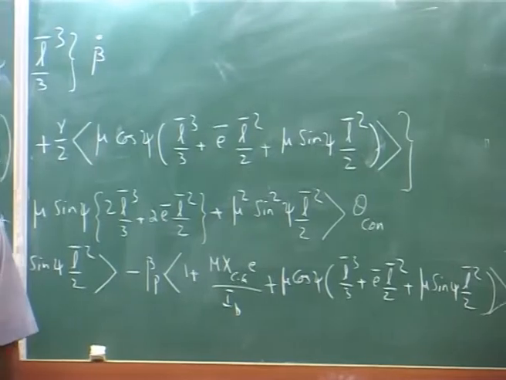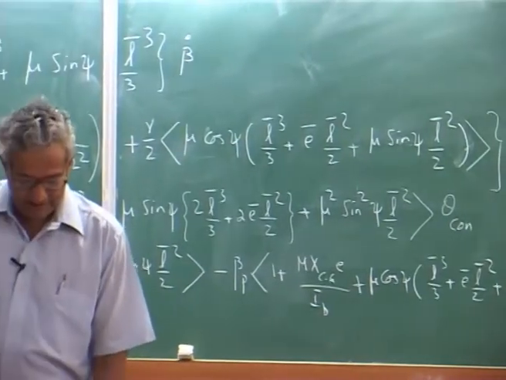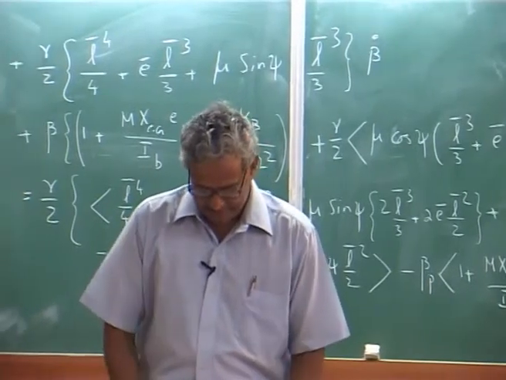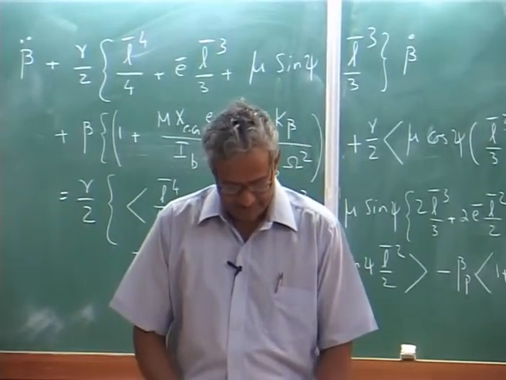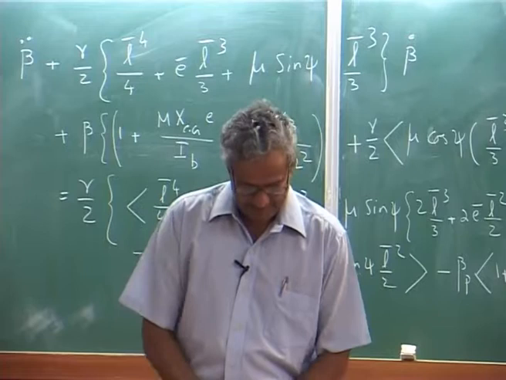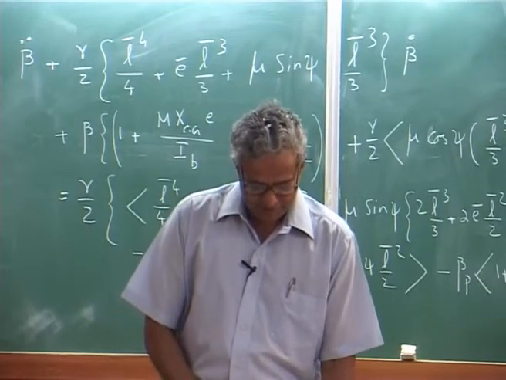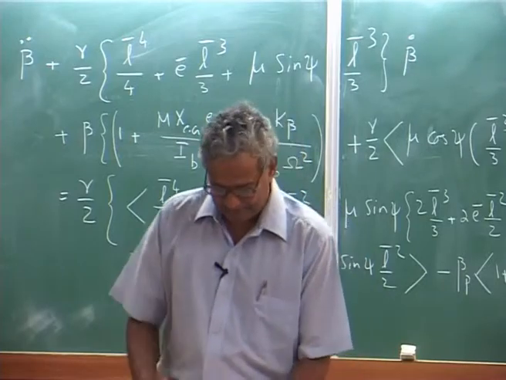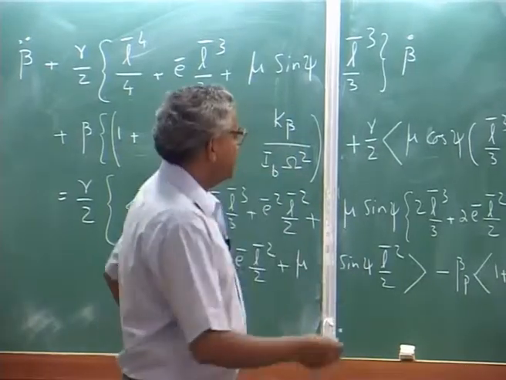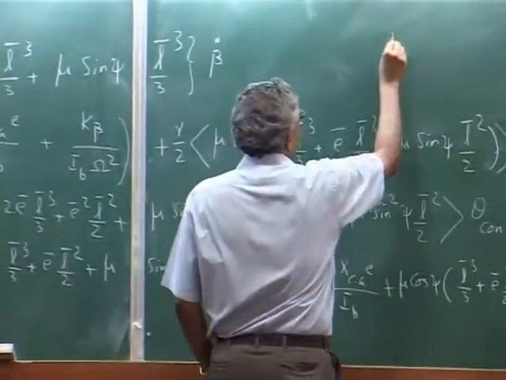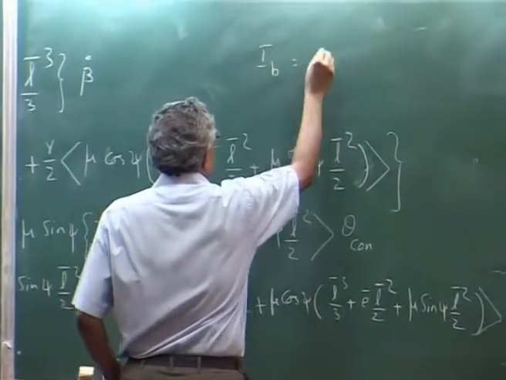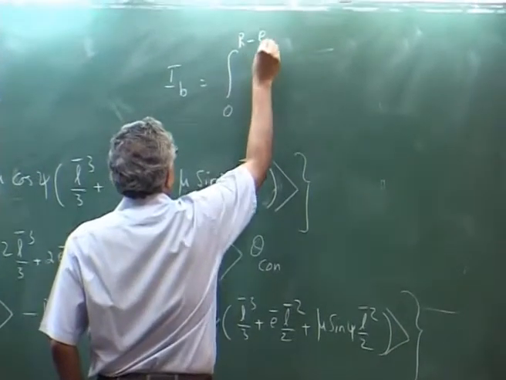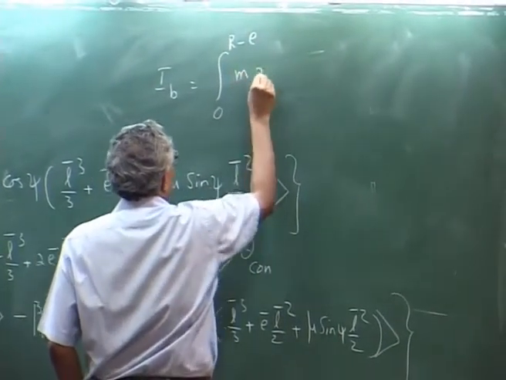Now, I will tell you what those are, I b as a definition, because you have to know what is m x c g, what is I b, etc. Because I b is the integral 0 to r minus E of m x squared dx.